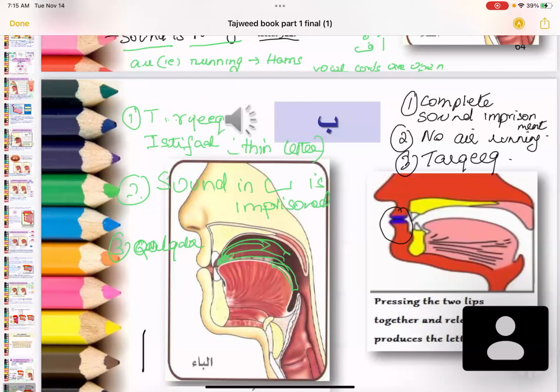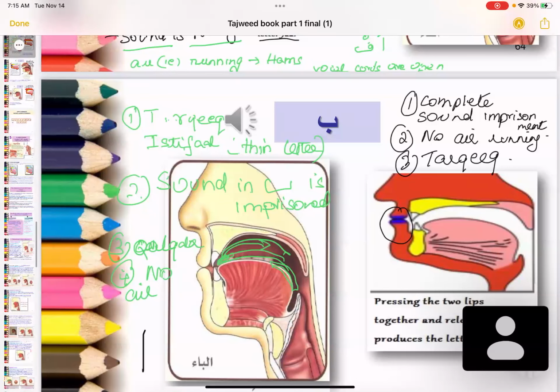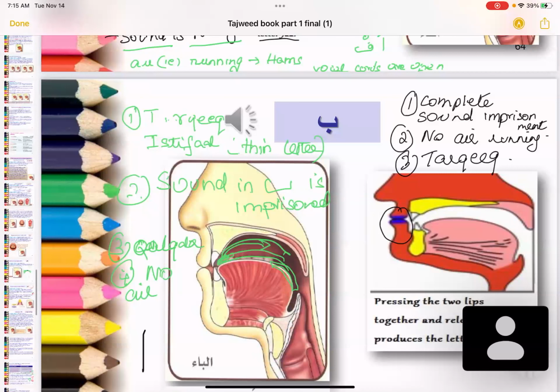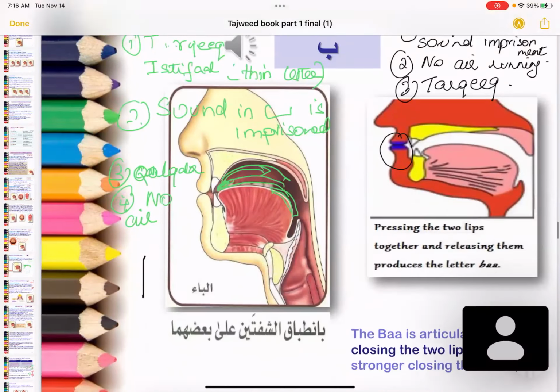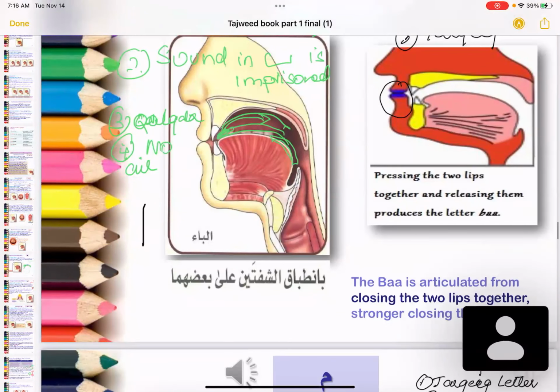Okay, so there is no running of air, no hums, no air in the sound. When the vocal cords are shut, it means no air can flow, and it also means there is more reliance on the articulation area, which is here the two lips. So you're pressing the two lips to get the sound of ba. Okay, ab.